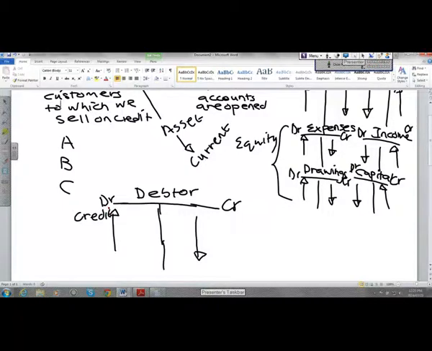If we sell to them on credit, then the balance they are owing us is going to increase. What else can increase the debtor? Think about it. If the debtor's account has been outstanding, we charge them interest. Then the debt they are owing to us is going to increase. So it can be increased by the interest.